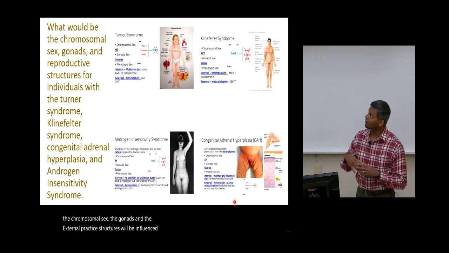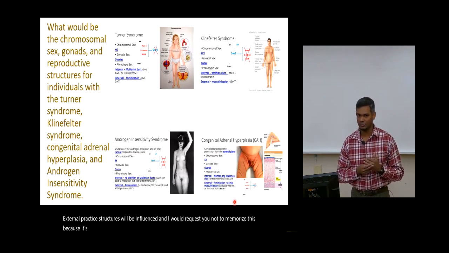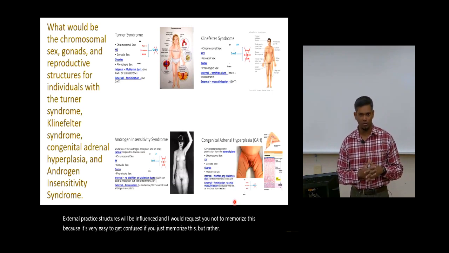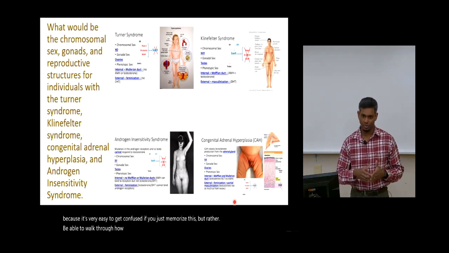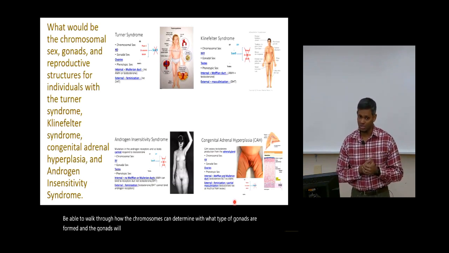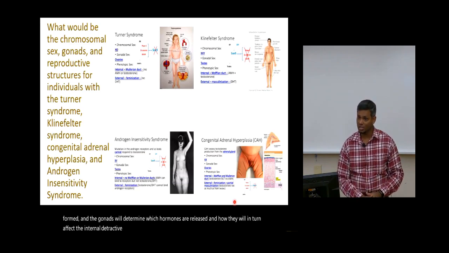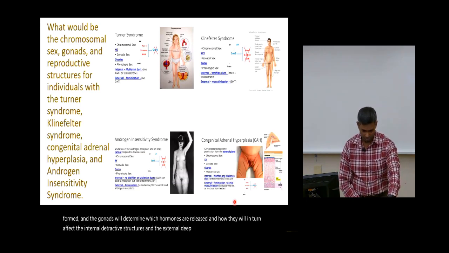And I would request you not to memorize this, because it's very easy to get confused if you just memorize this, but rather be able to walk through how the chromosomes can determine what type of gonads are formed, and the gonads will determine which hormones are released and how they will in turn affect the internal reproductive structures and the external reproductive structures.